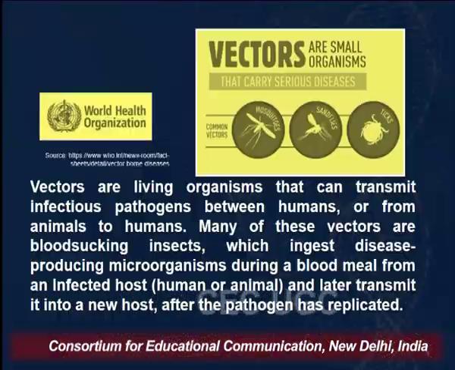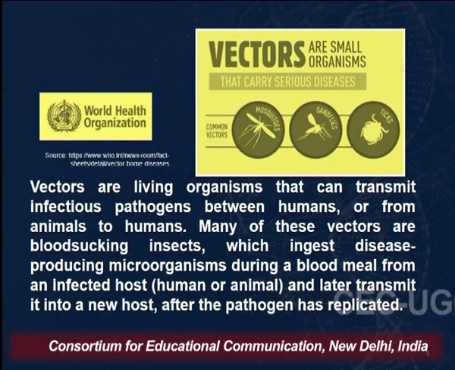Now, we come to the topic of what exactly vectors mean in these vector-borne diseases. Vectors are basically living organisms that can transmit infectious pathogens between humans or from an animal to humans. If we see the picture over here, the vectors can be mosquitoes, sandflies, ticks like this one.